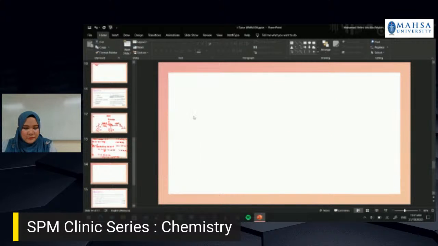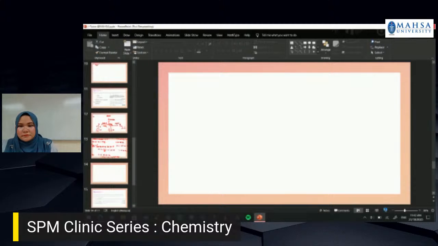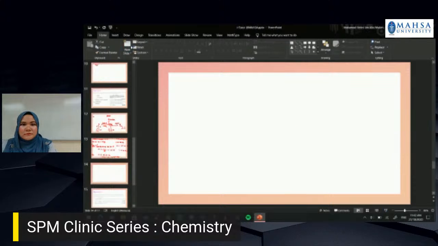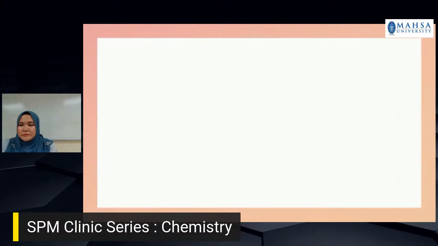So here you can see, as we know according to the information, 1 mole CO2 equal to 24 dm cube, because it stated that 1 mole of CO2 at room temperature equal to 24 dm cube.